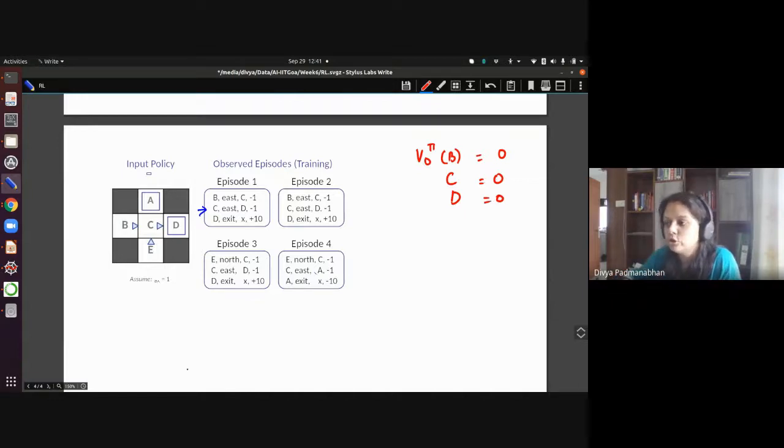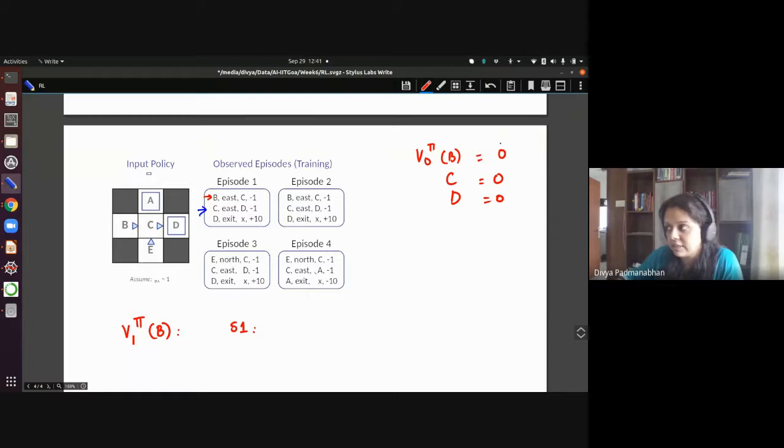Now I'm going to try and find V1 pi of B. In V1 pi of B, my sample 1 is this first one. So I took a move to C, an action to the east.